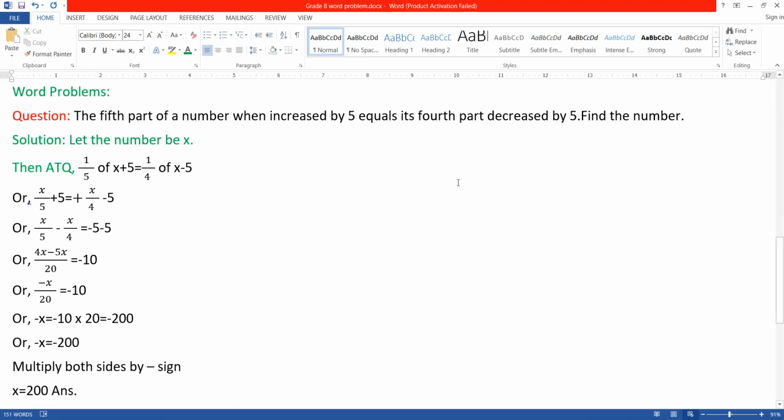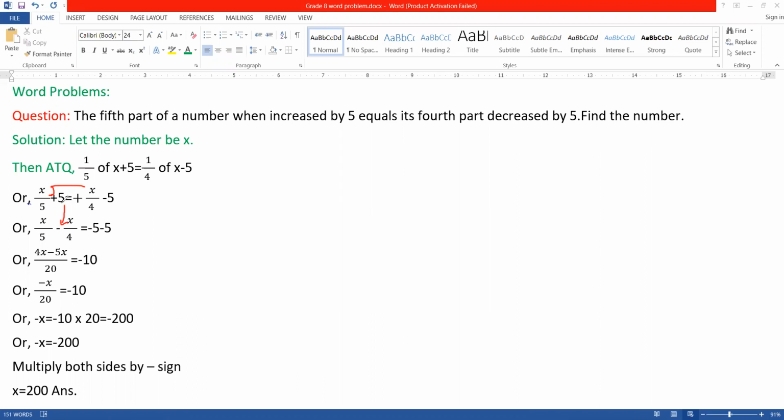When this plus sign is brought on the left hand side, it becomes minus. You can see the sign is changed because it's on the left hand side of the equals sign. So minus x by 4, and it's the right place for the constant to be on the right hand side of the equation.